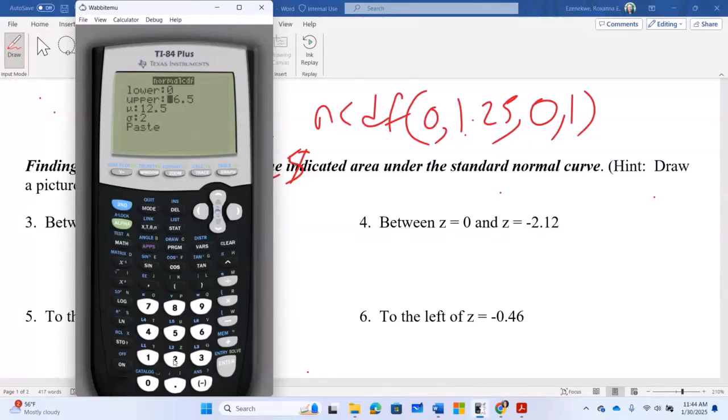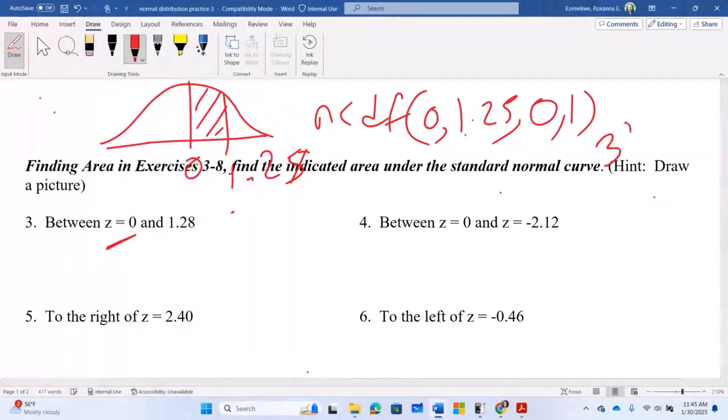The upper number is 1.25. The mean of a standard normal is 0. The standard deviation of a standard normal is 1. Okay, so now you calculate. So I'm going to calculate the area between. It's asking me, is that what you want to do? Yes. So the area between these two numbers is 39.43%.